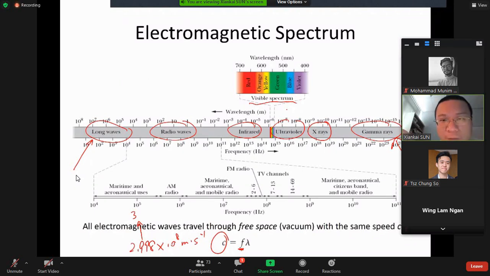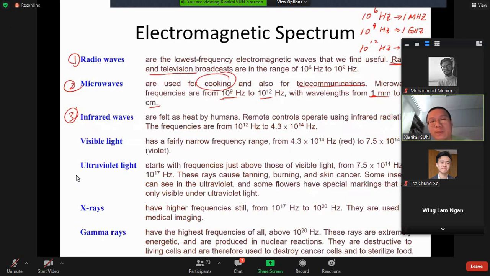You know that the color for the lowest frequency in the visible spectrum is red. So below red, people gave it the name infrared, which means its frequency is below that of red. Infrared waves are felt as heat by humans.